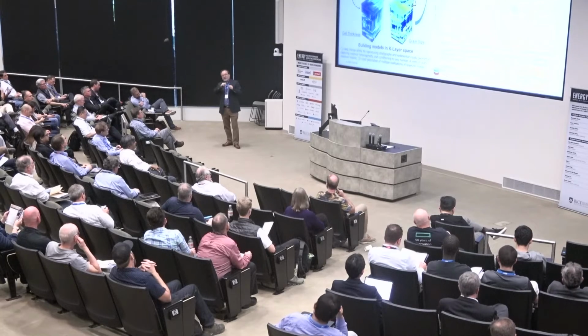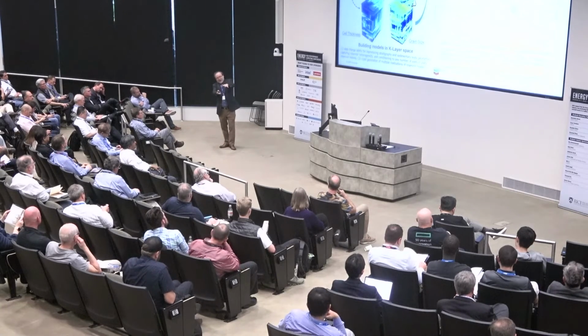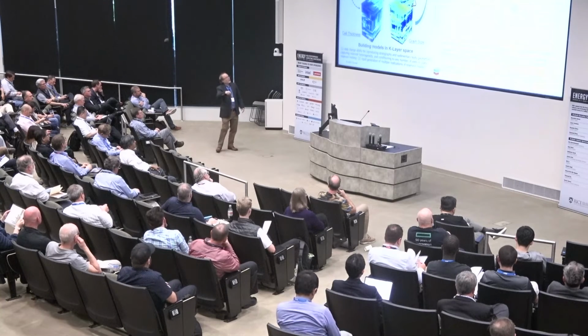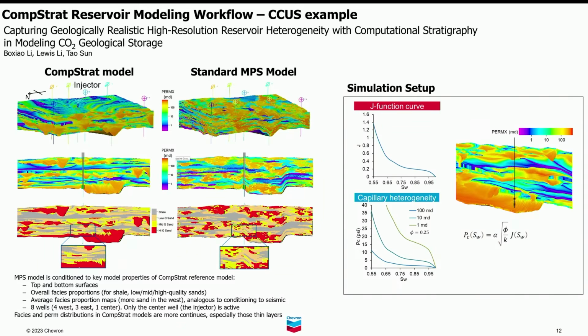We can't predict rapid water breakthroughs because it lacks organized heterogeneity in space, which is provided by our model. And you can see that we predict an earlier water breakthrough. So we capture early water breakthrough better than the existing reservoir modeling method.